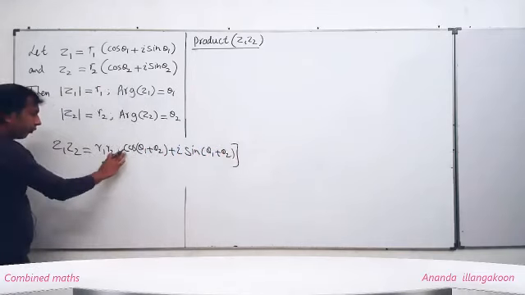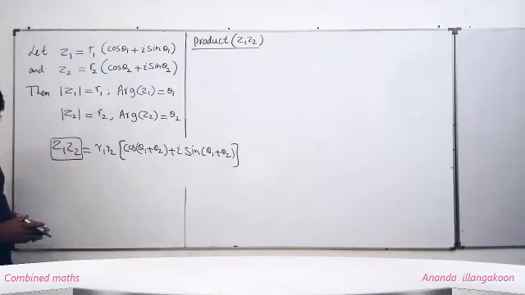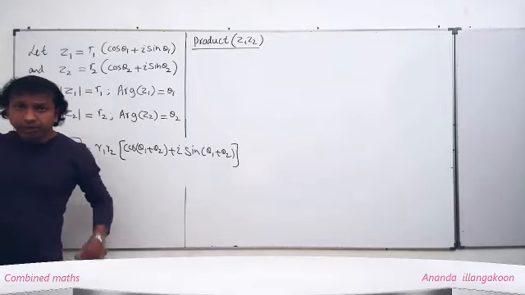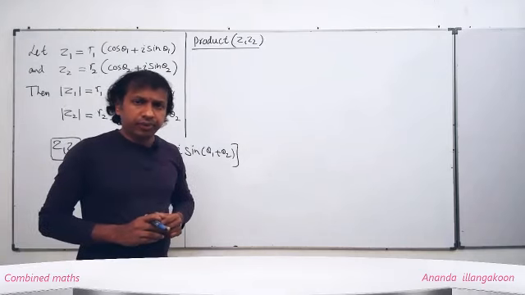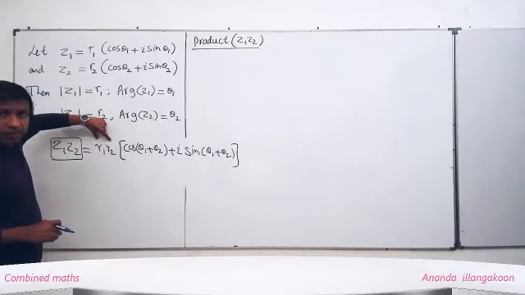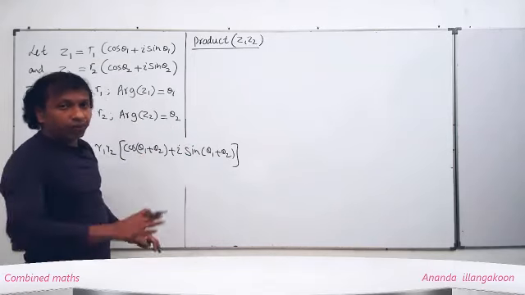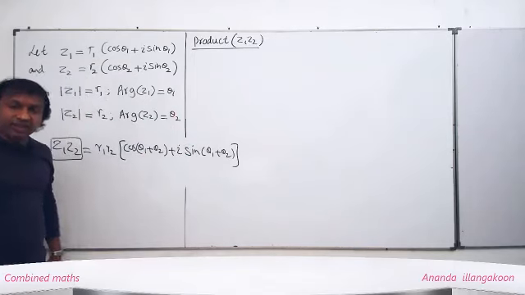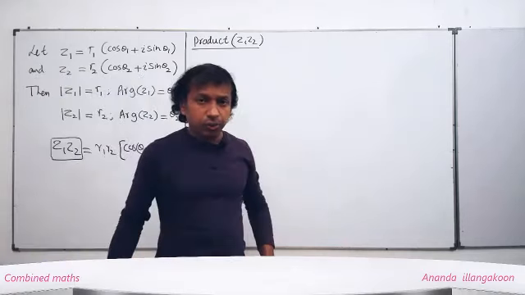Then whenever we represent this Z1, Z2 product in the Argand plane, the line segment which represents it should have two properties. The length of the line segment should be the R1, R2 product, and that line segment should make an angle theta 1 plus theta 2 with the real axis in the anticlockwise direction.